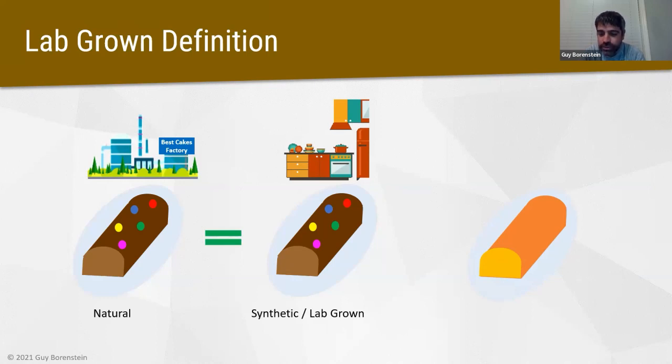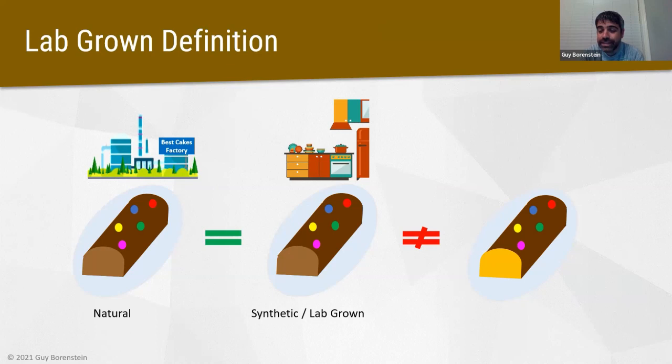So I'm trying to cut corners here, and I'm saying, okay, it's an orange cake, but if I add some icing and candy on top, it will look the same. The problem is that one bite from the natural and one bite from the orange cake, and I'm in big trouble.